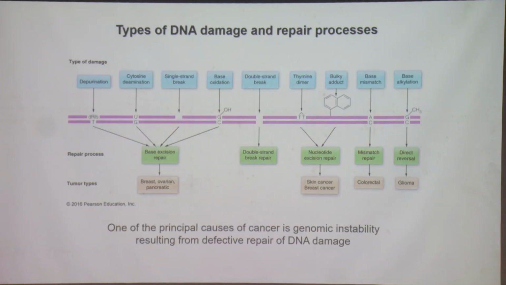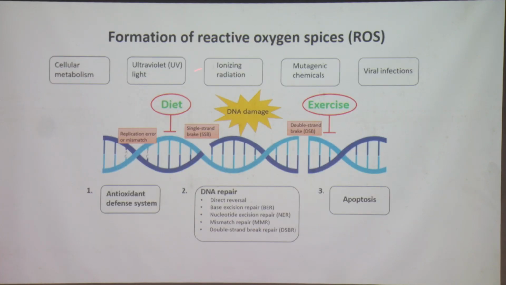And if it is not repaired, it can give rise to cancer. Okay, and diet comes everywhere. So these kinds of problems can give rise to DNA damage, and although the body repairs it, exercise and diet, these two are big things which can prevent DNA damage.